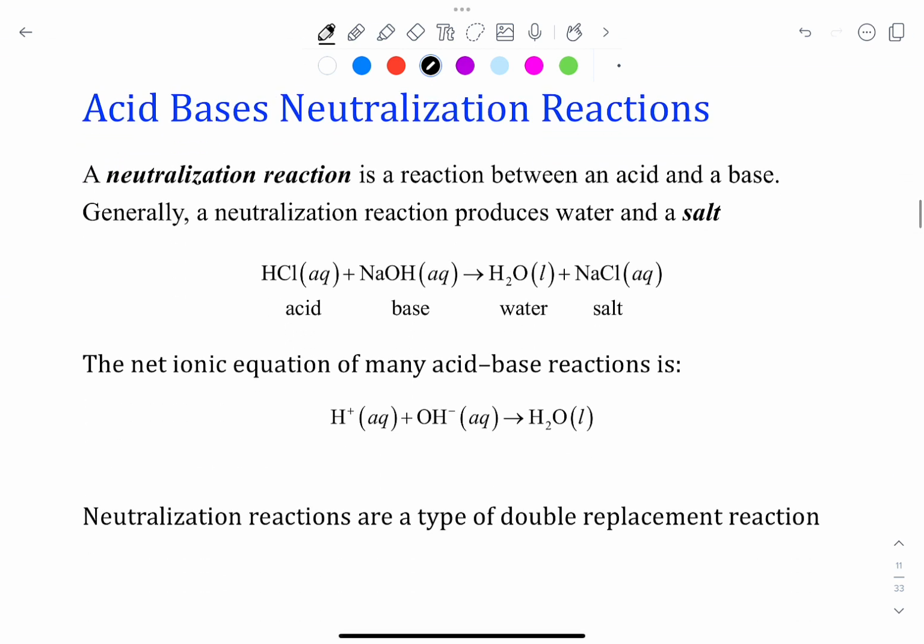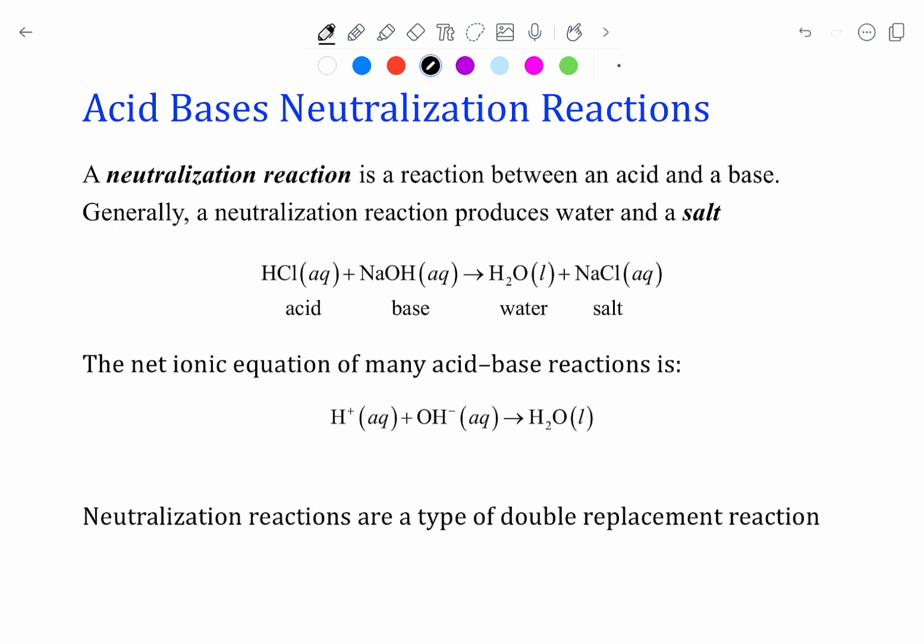When acids and bases are mixed together, the reaction that occurs is called a neutralization reaction. A neutralization reaction is a reaction between an acid and a base. Generally, a neutralization reaction produces water and a salt as the products. So in our example here, we have hydrochloric acid reacting with sodium hydroxide.